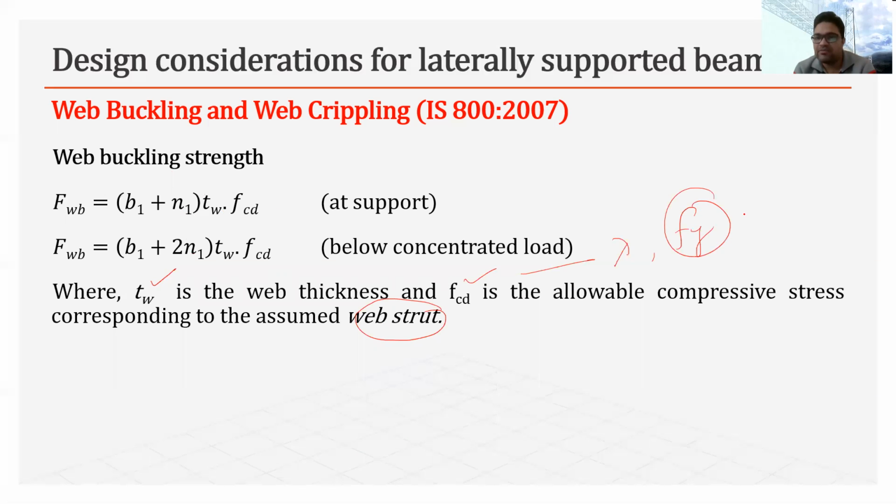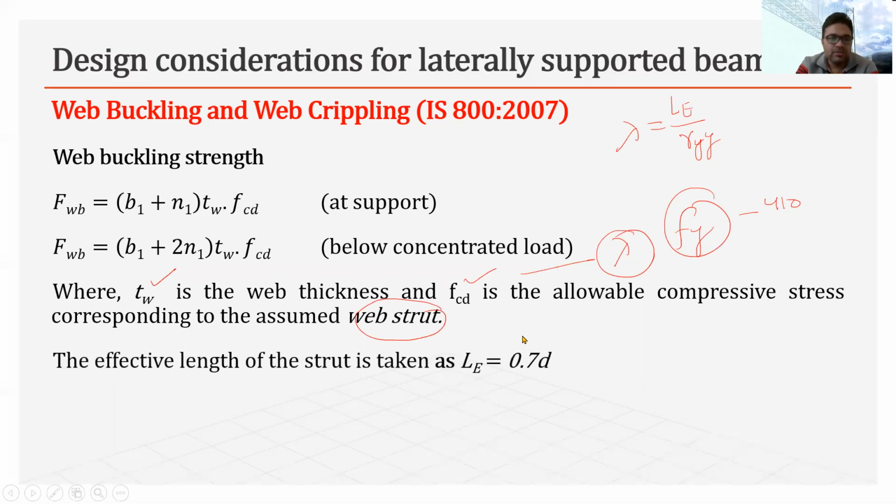So Fy, we already know, will be 410, but it will be dependent on lambda, and we know lambda is the effective length upon the minimum radius of gyration. So I am writing here Le upon the minimum radius of gyration, which generally occurs along the y-axis, so Ryy. So we will see how we find out this lambda value.